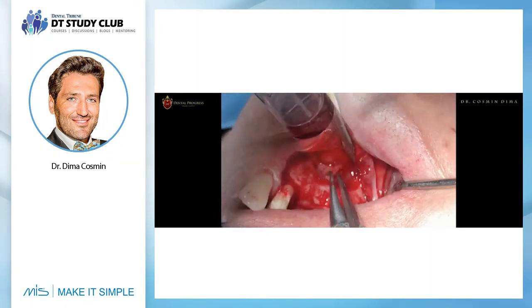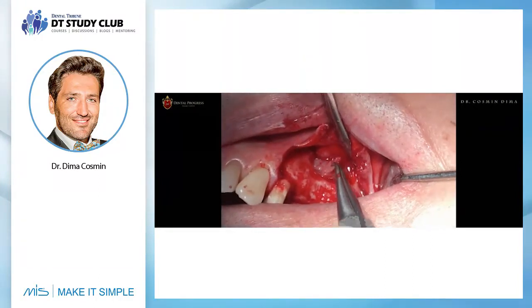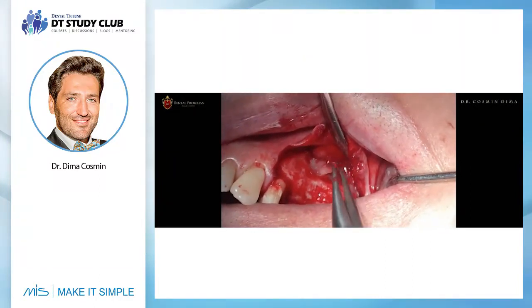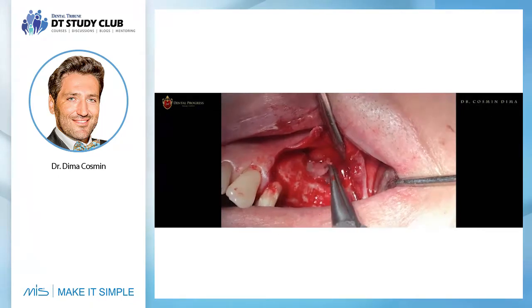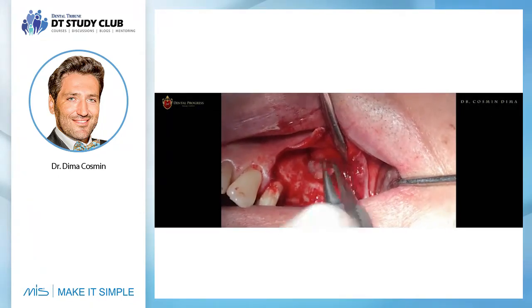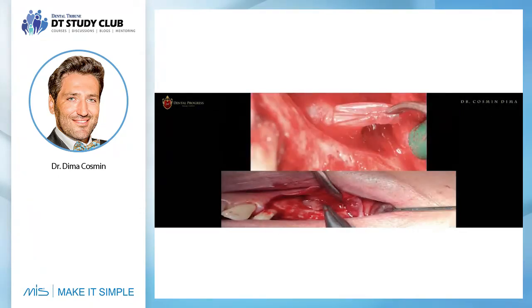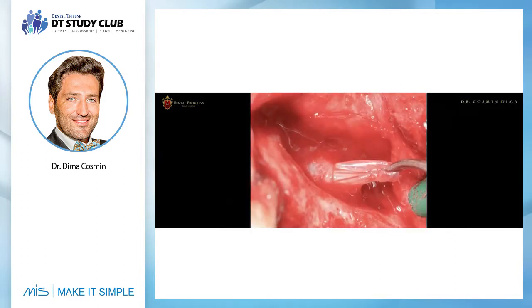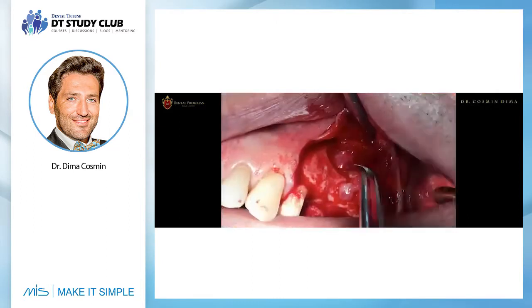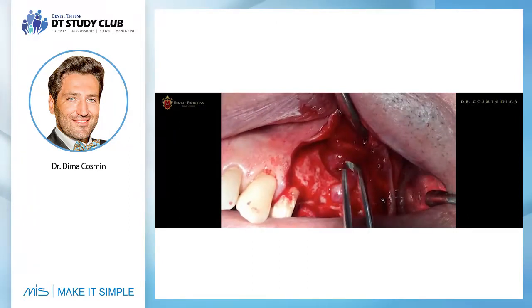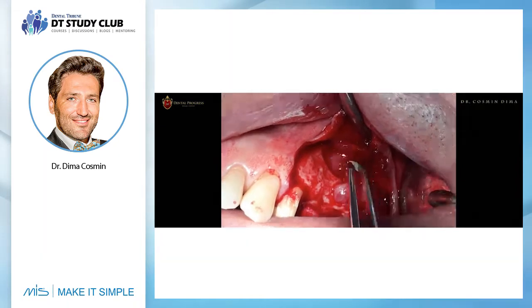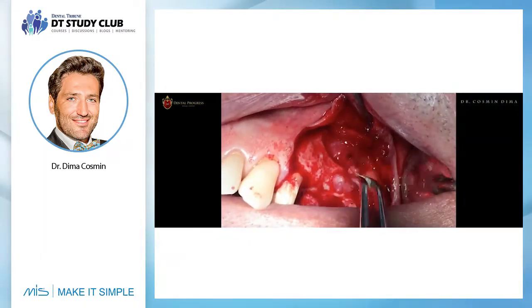First it was yellow and then a little bit red. And look how we pull the membrane, the cyst membrane. The pressure is only at the base of the cyst.